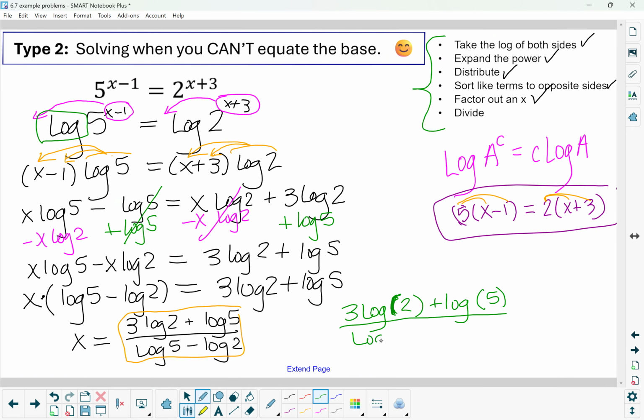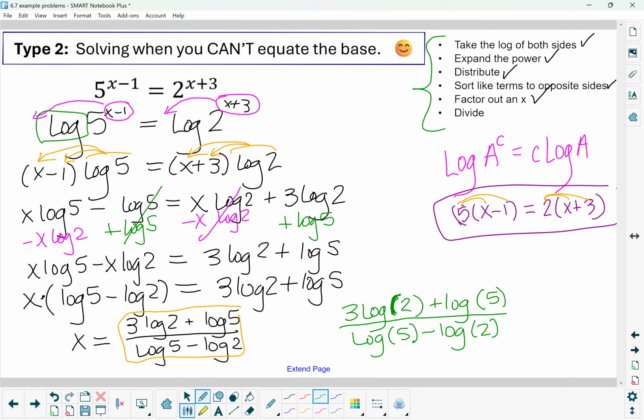So when you type it in the calculator, it should look something like this. And I probably should have typed that in before so I could tell you the decimal, but I didn't. So now I got to type it in really quick.